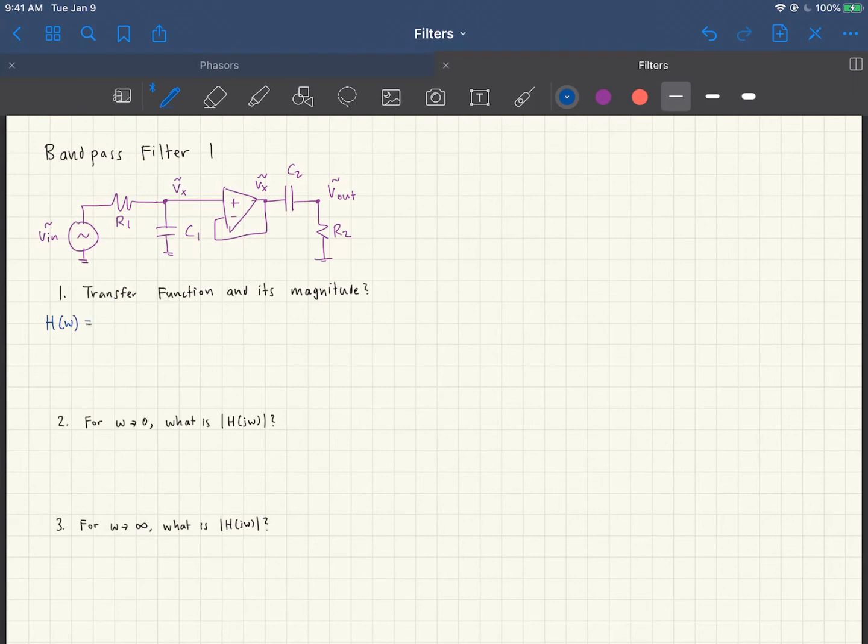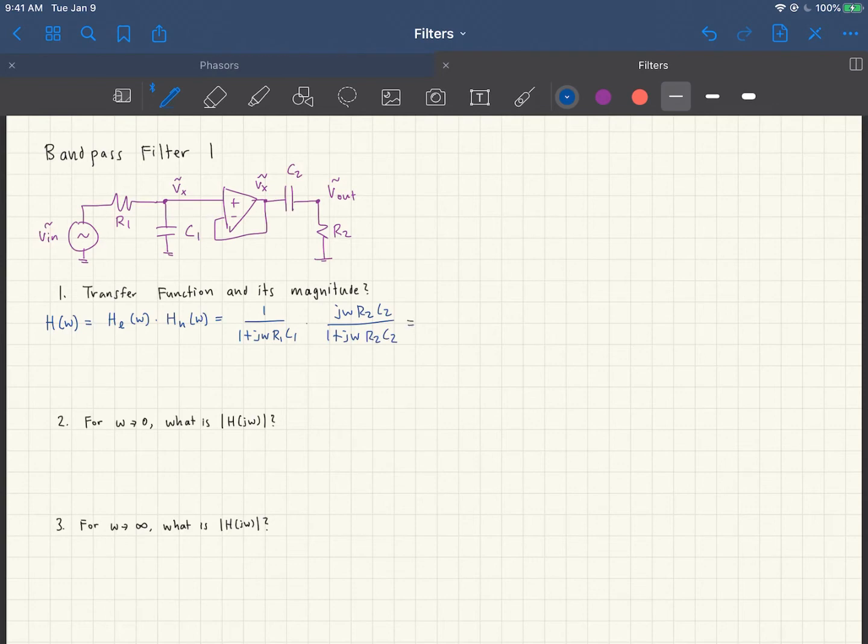We did this calculation before with phasors and transfer functions, but the way to do this is to take a look at the low pass transfer function and then multiply it with the high pass transfer function. And this is going to be equal to 1 over 1 plus j omega R1 C1 times j omega R2 C2 all over 1 plus j omega R2 C2.